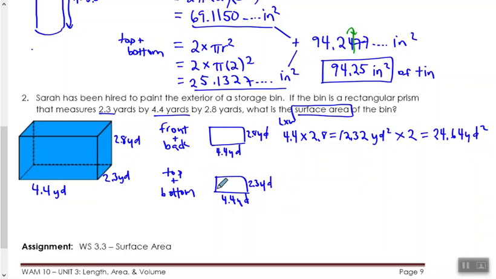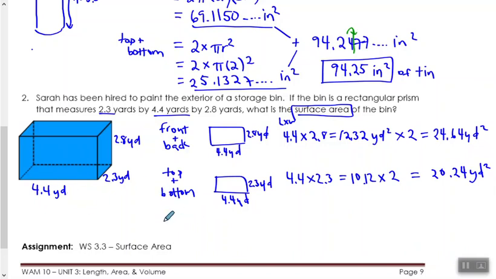Okay, so my area is going to be 4.4 by 2.3. So calculating, you get 10.12 yards squared. But I know I have two of those sides. So I have the top and the bottom. So 10.12 times 2, and you get 20.24 yards squared.